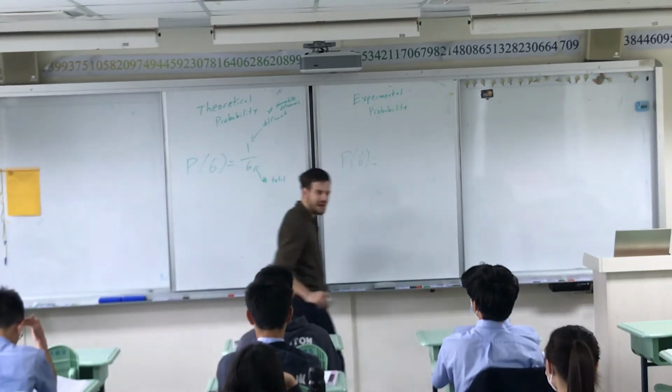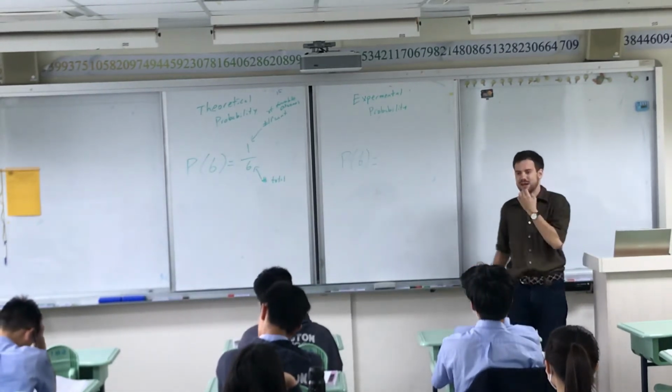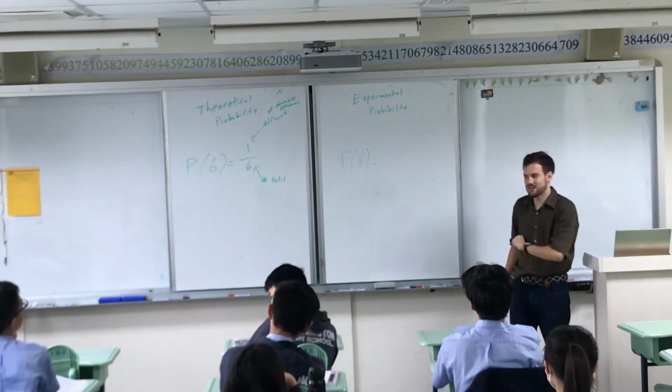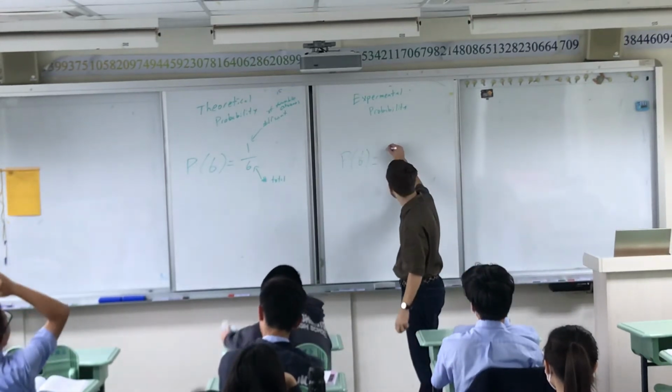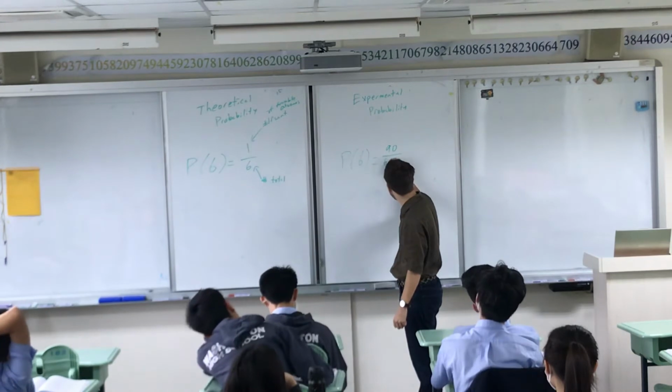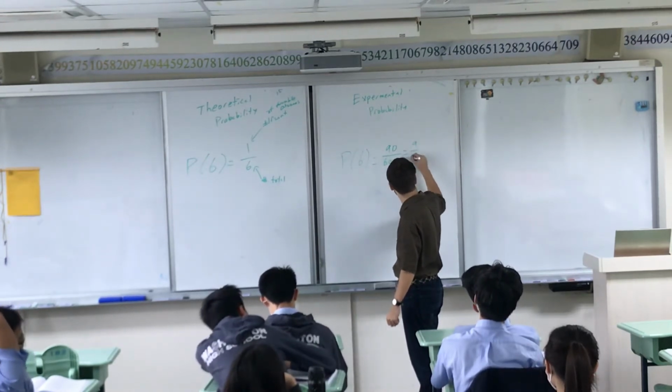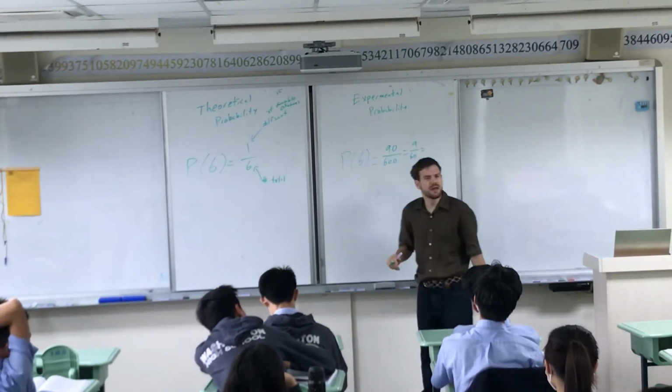And I find that out of those 600 times, 90 of them are 6s. So I got a probability of 90 over 600, which is 9 over 60, which is 3 over 20, right?